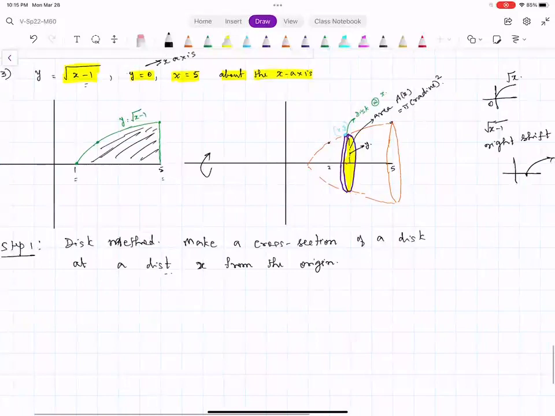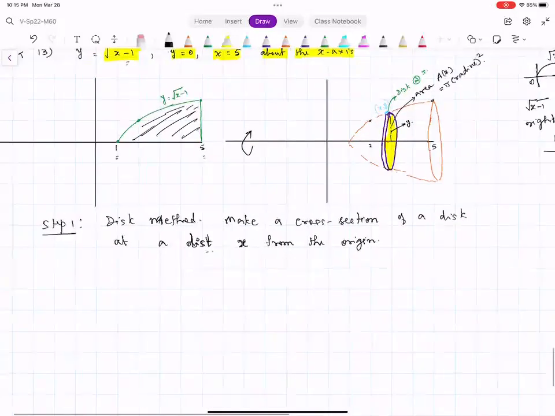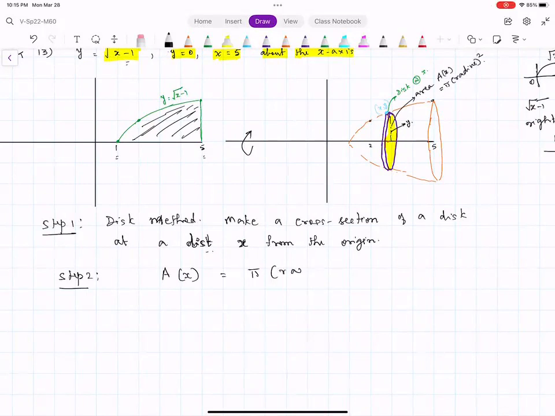At a distance x from the origin, we have to find the area of this disk. Because it is rotated about the x-axis, I'm going to write A of x equals pi times the radius squared, because it is a disk. What is the radius? It is y, the vertical distance.